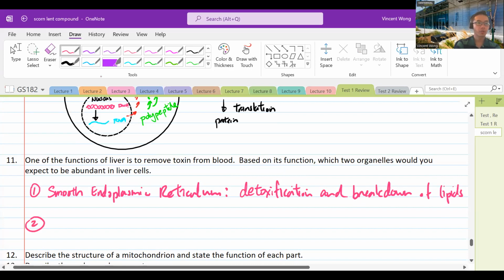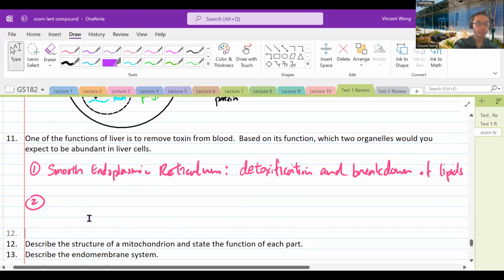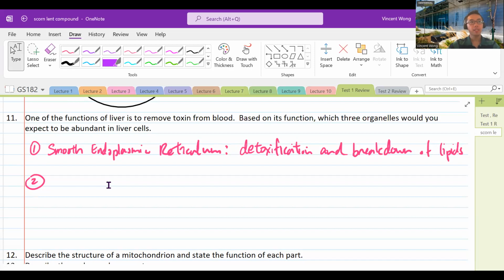Okay, what's another structure that would be abundant besides smooth ER? Let's do 3 here. What's another one besides smooth endoplasmic reticulum? Yep, there is the peroxisome.